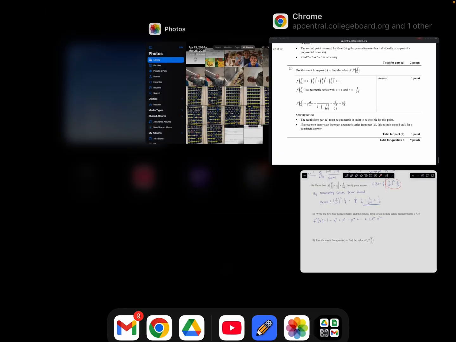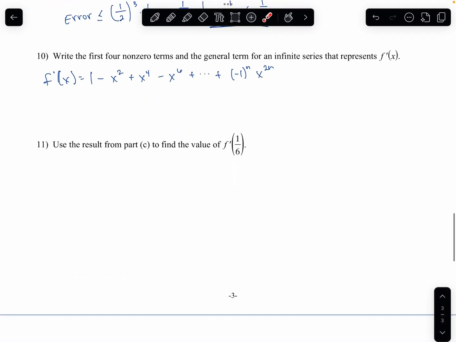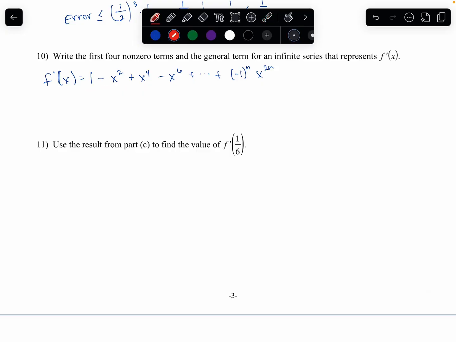Alright, for this last one right here. For 11, use the results from part C to find f prime of 1/6. So this one would actually be really tricky if you have no idea what the pattern is here. But you can see that this is the same thing as x squared to the n.